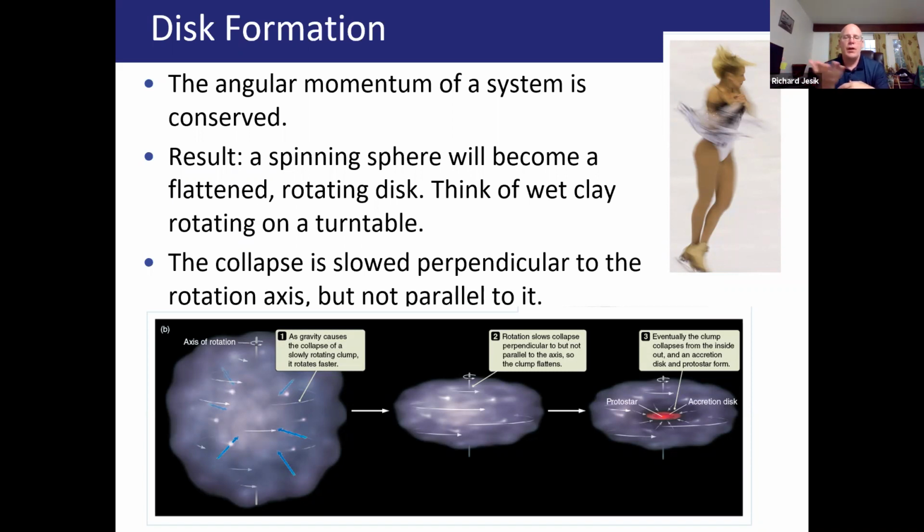The flattening of it, I don't know if you've ever messed with clay. You put clay on a turntable and if it's wet enough, it'll flatten out into a pancake. Or when the pizza person is making your pizza and they have the dough in a sphere, they start to rotate it and it flattens out.